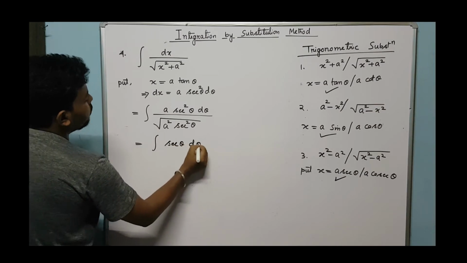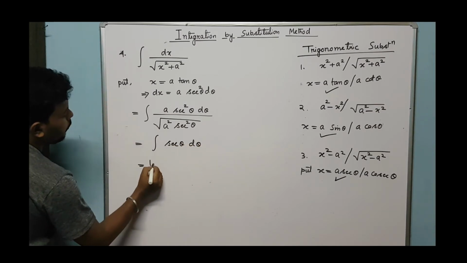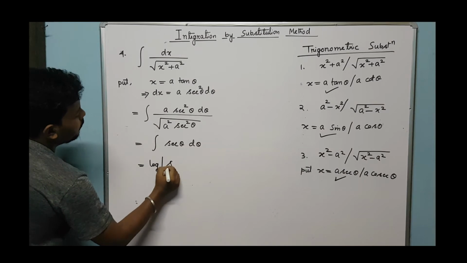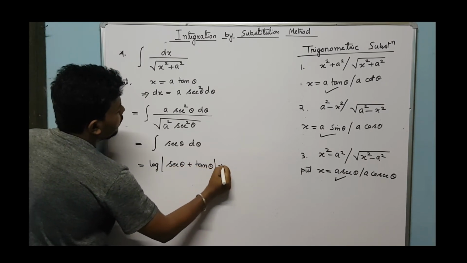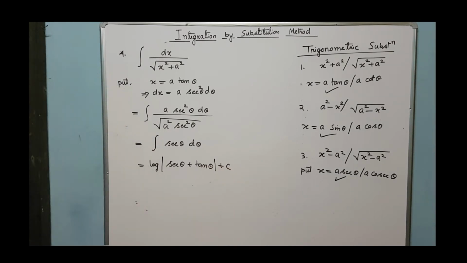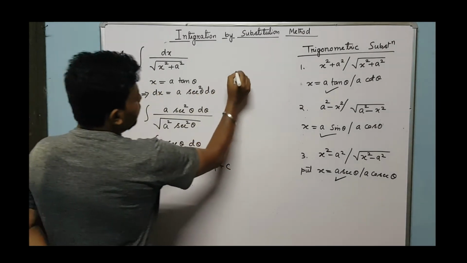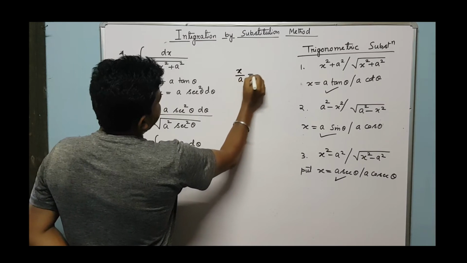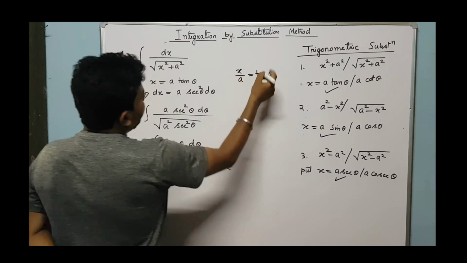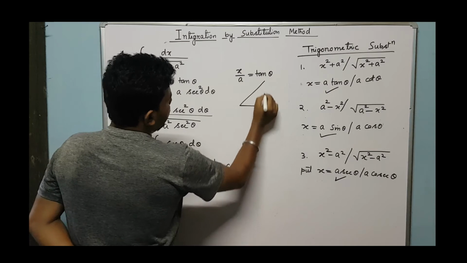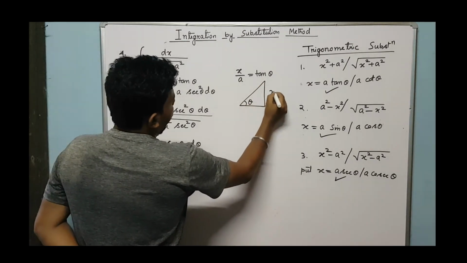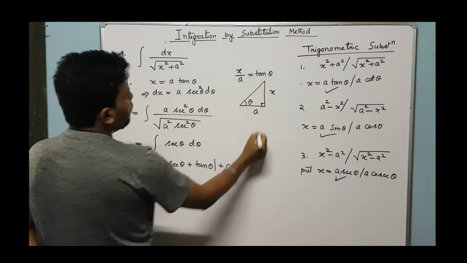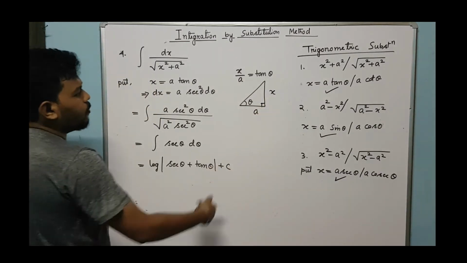Now the integration of sec theta is equal to log of mod of sec theta plus tan theta. Now think about trigonometric functions. You are given that x by a is equal to tan theta. So from here, if I draw the triangle for the angle theta, what is tan theta? x by a, perpendicular by base. So what about the hypotenuse?